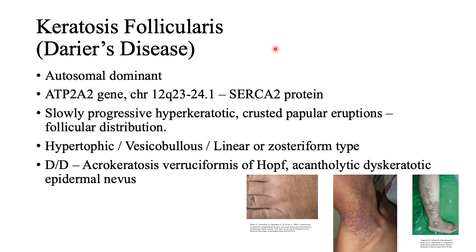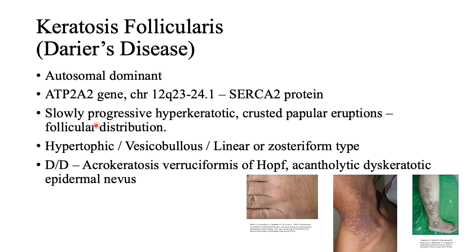Another autosomal dominant condition is Darier's disease, which is also known as keratosis follicularis, because in this condition, crusted papillary eruptions are seen mainly in follicular distribution. The clinical lesions may be hypertrophic, vesiculous, or linear or zosteriform tracts.